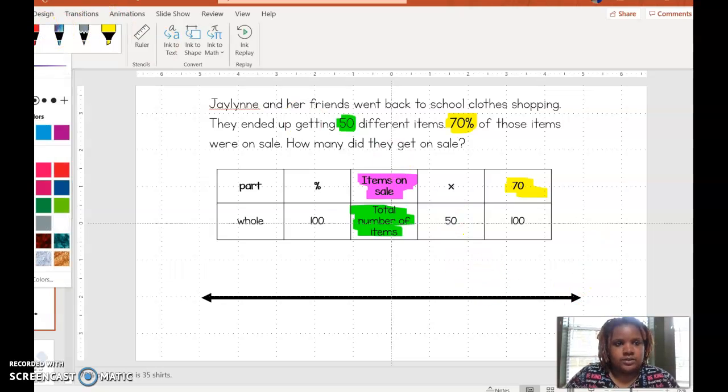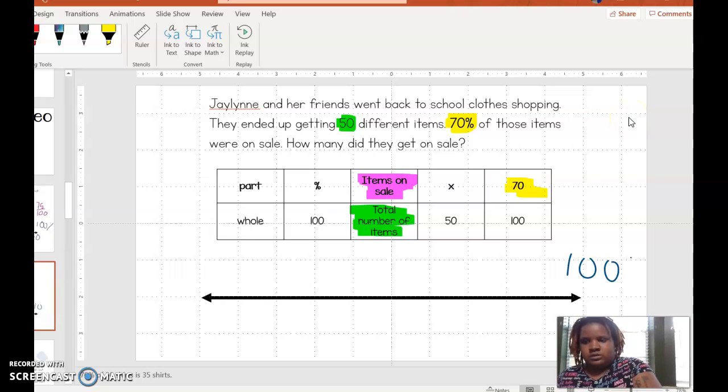I'm just going to do like I did on the strip diagram and label my number line. If I am at 100%, that means I have 50 different items. And we're looking for 70% though.